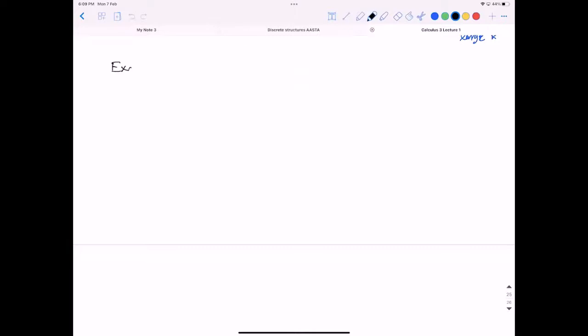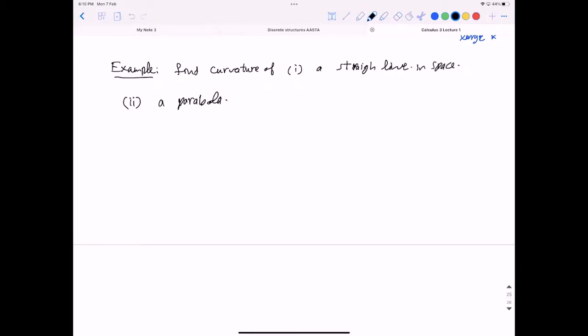Example. Find the curvature of number 1, a straight line in space, B, a parabola in 2D, say in the form y equals x squared plus bx plus c.